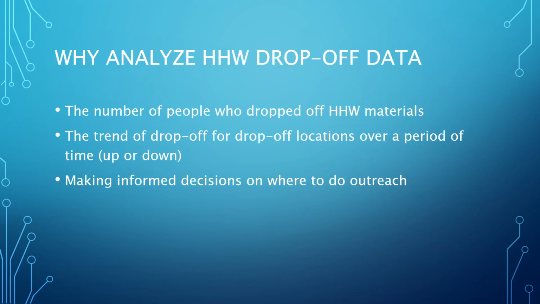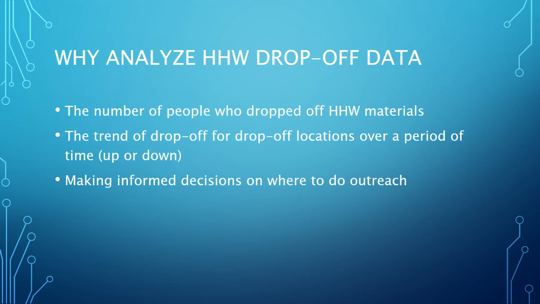So why analyze household hazard waste drop-off data? The analysis result can provide the number of people who do the drop-off, and it can also tell the trend of drop-off for all drop-off locations over a period of time.